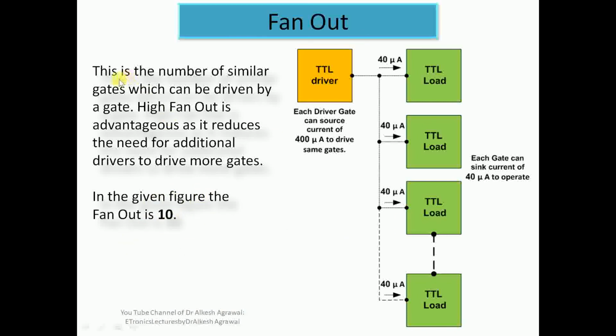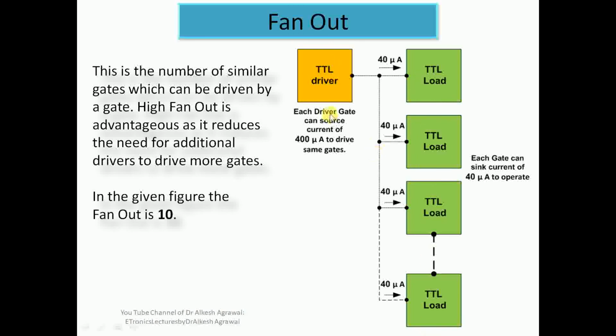How do we define fan out? This is the number of similar gates that can be driven by a gate. High fan out is advantageous as it reduces the need for additional drivers to drive more gates. So here one TTL driver can drive 10 similar gates.